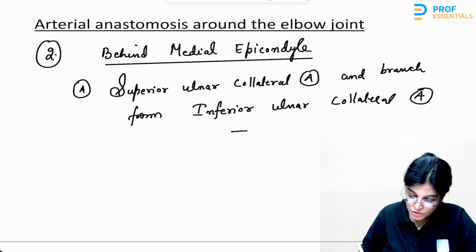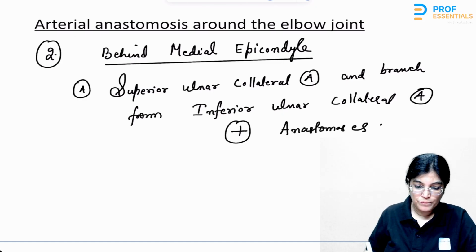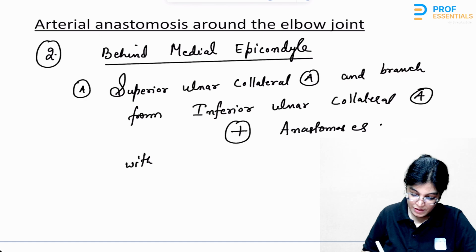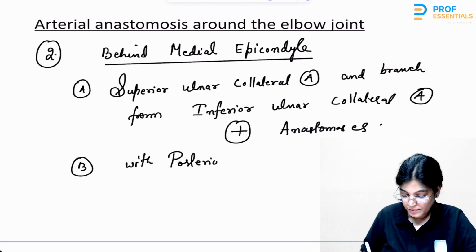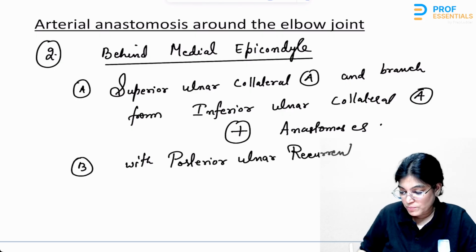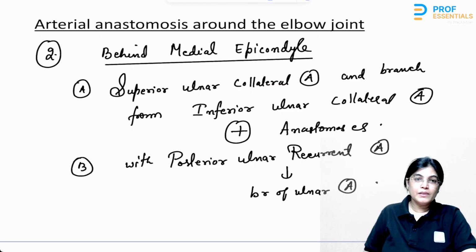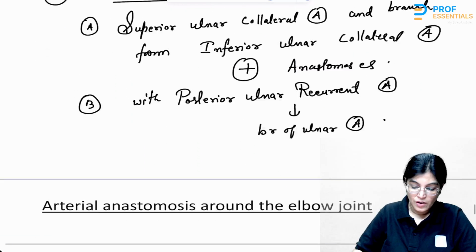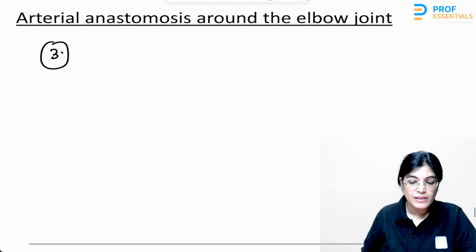This will anastomose with the posterior ulnar recurrent artery. And we know that the posterior ulnar recurrent artery is a branch of the ulnar artery. Got it?